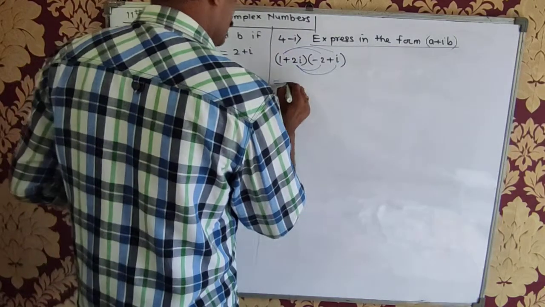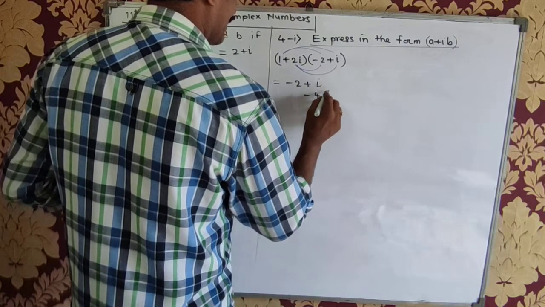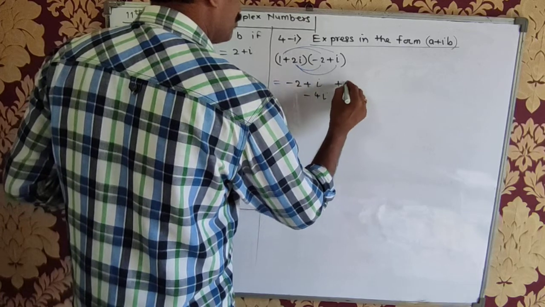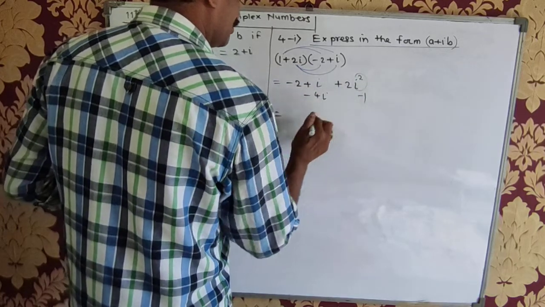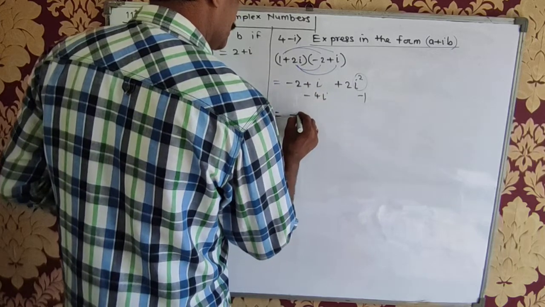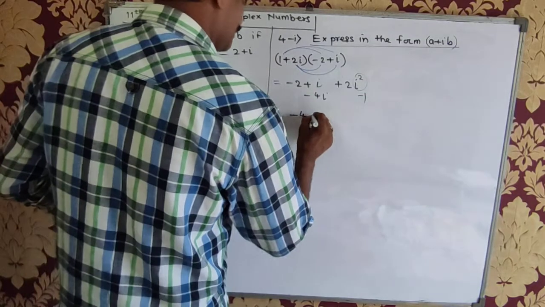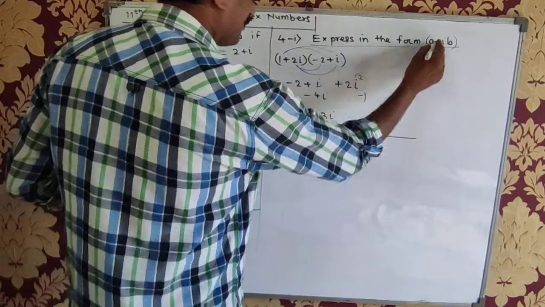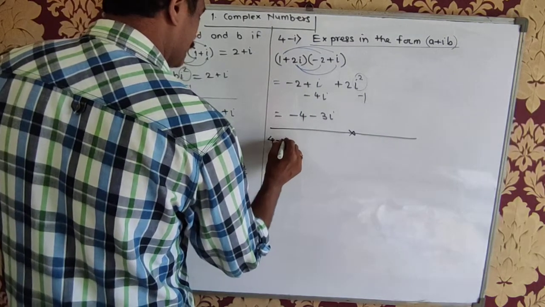Minus 2, minus 2 plus I, minus minus 4i, 4i plus 2i square, which is minus 1. Isn't it? So this is minus 2, minus 2 minus 2, minus 4. Now what about this? I minus 4i, minus 3, minus 3i, and that is in the form of A plus IB. Yes or no? Yes.